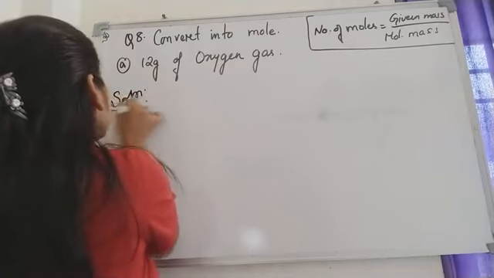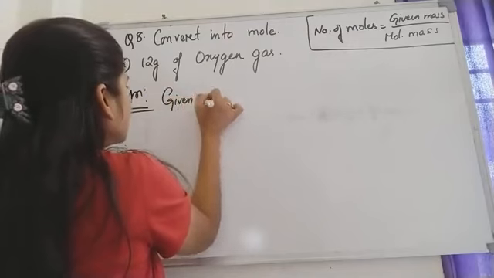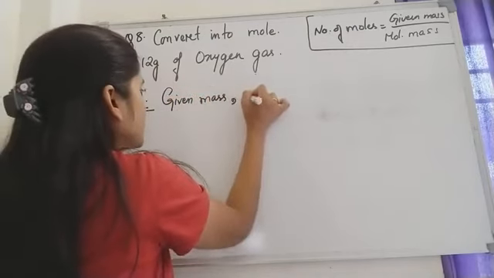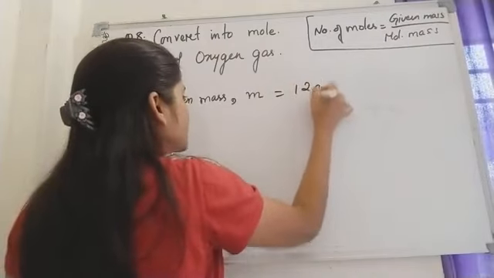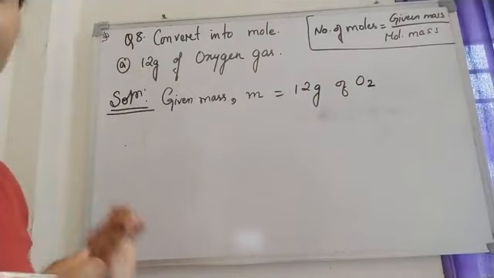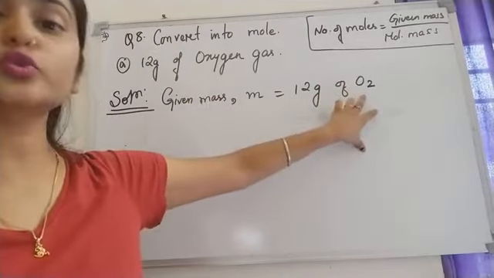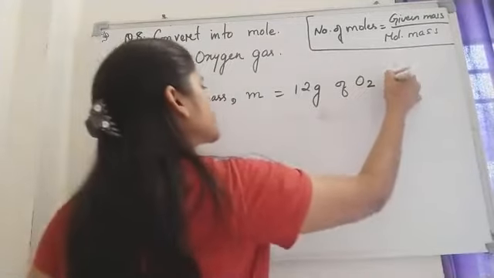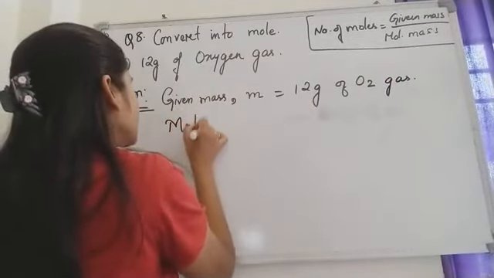Now in my question, what is the given mass of oxygen? The given mass, taken as small m, is 12 grams of oxygen gas. Remember, when it is said oxygen gas, that means the elemental form of oxygen, that is O2. Now what is the molecular mass?